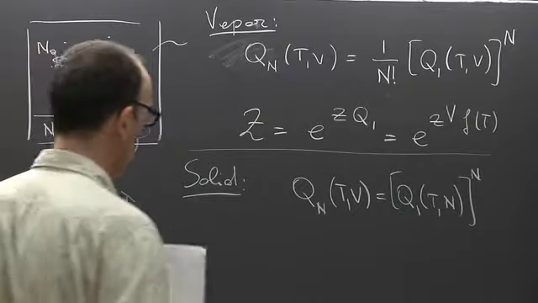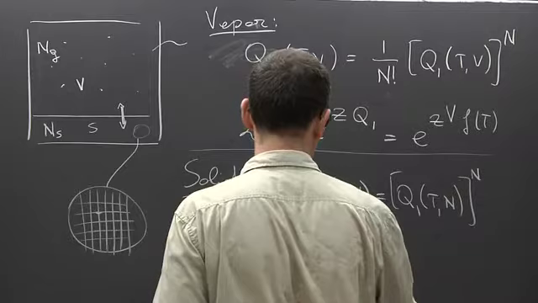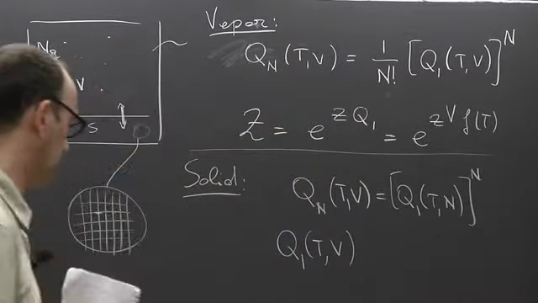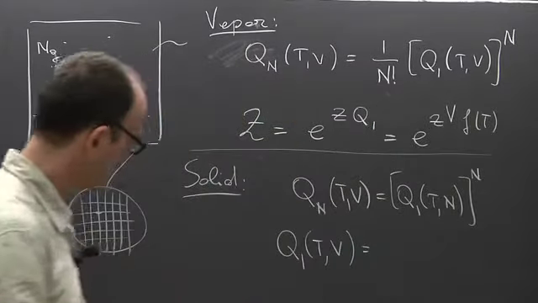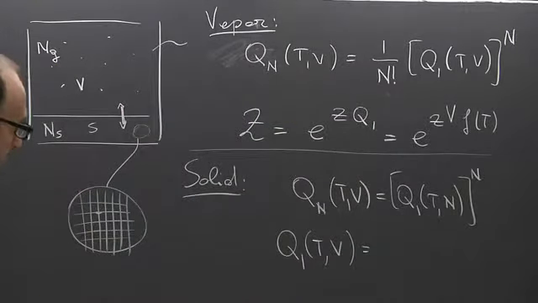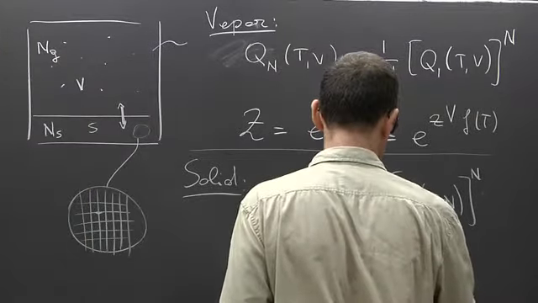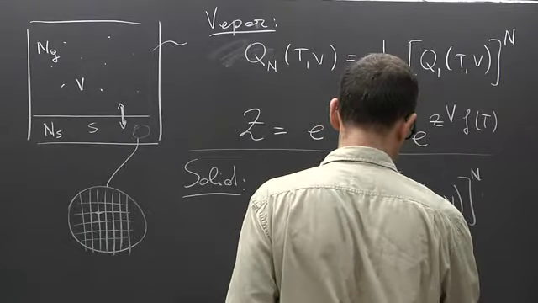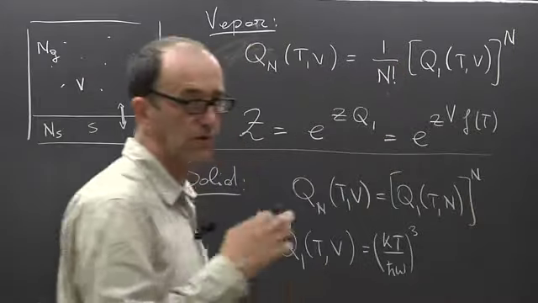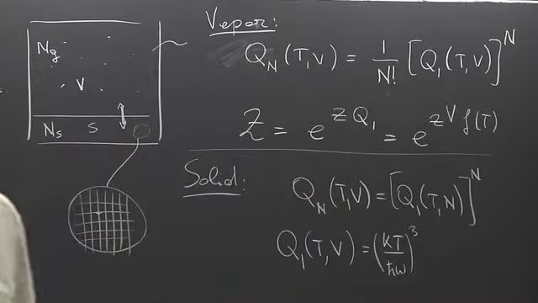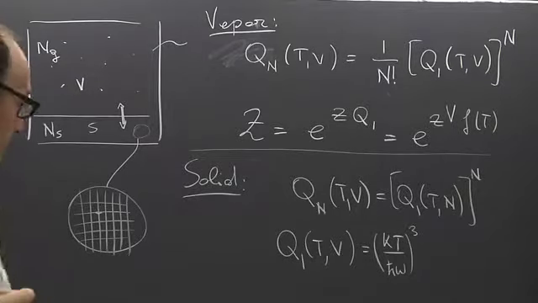We have seen that the canonical partition function for one of these harmonic oscillators is very easy to compute and is kT over h bar omega to the cube, because now I assume that each atom can have three modes of oscillation.